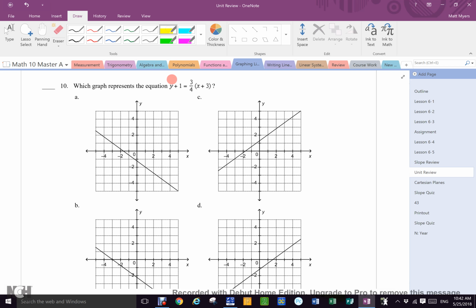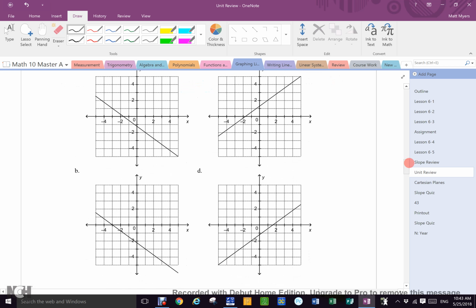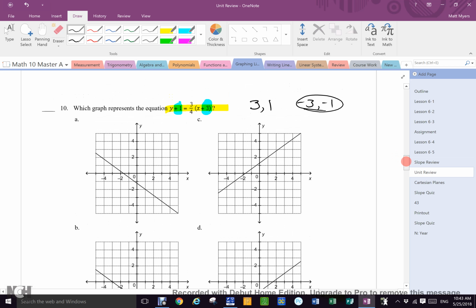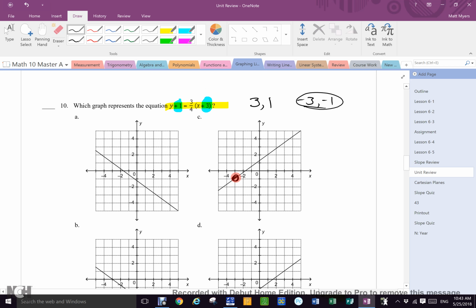Point slope form, which means those are my known points, aren't they? Except what do I have to remember? Is the point on the graph 3, 1? Or is it -3, -1? It's that one. So I need the graph that goes through -3, -1, which is right there. It's the only one that goes through there, so that is C.